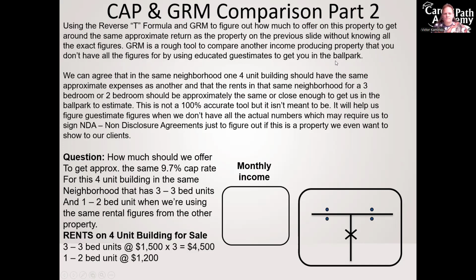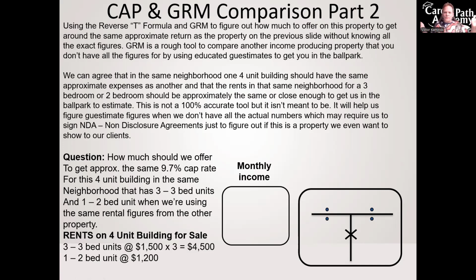So we can agree that in the same neighborhood, one 4-unit building should have approximately the same expenses as another 4-unit building in the same neighborhood, right? And a 3-bedroom or a 2-bedroom should be renting for approximately the same amount or in the same ballpark, right? In the same area. So the going rental rate.